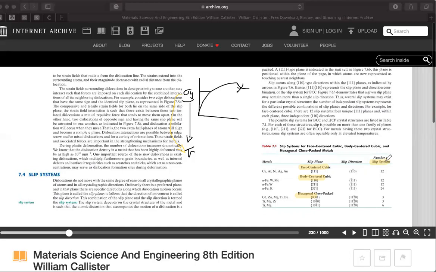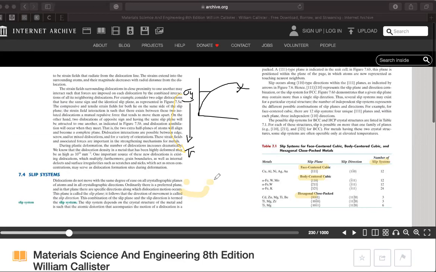The slip plane is the plane that will result in minimum distortion of the atoms, because the dislocation will move from point A to point B. The material will prefer that this movement result in minimum distortion.